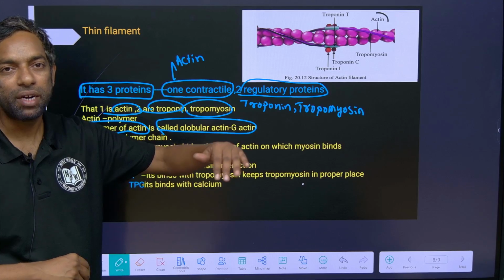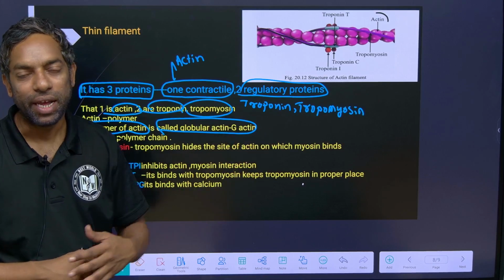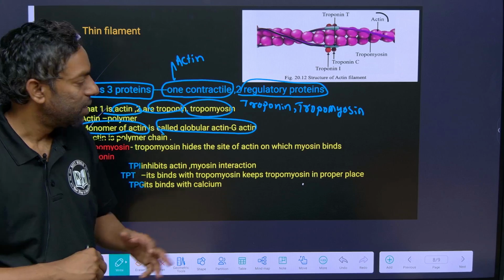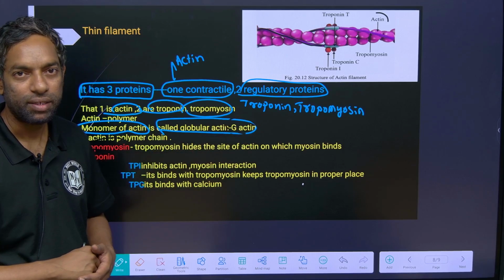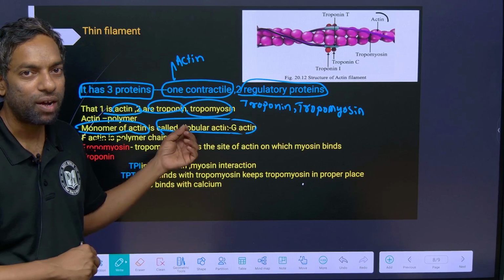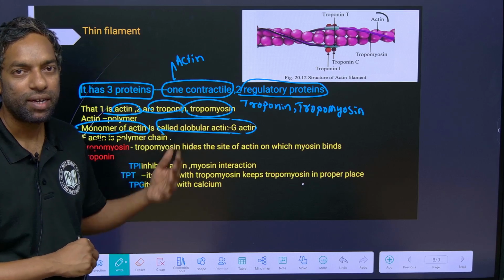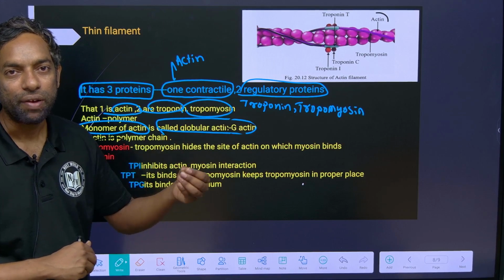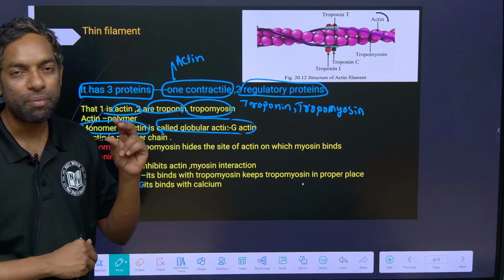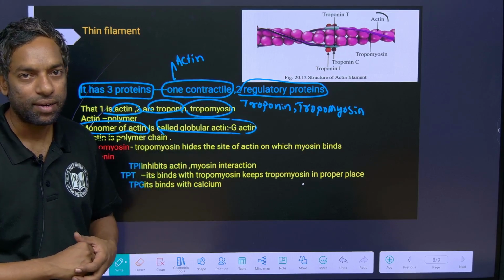It is a filamentous structure, and we can call this polymer chain F-actin. G-actin is the monomer of this actin filament. In that F-actin, the single unit we can call G-actin.